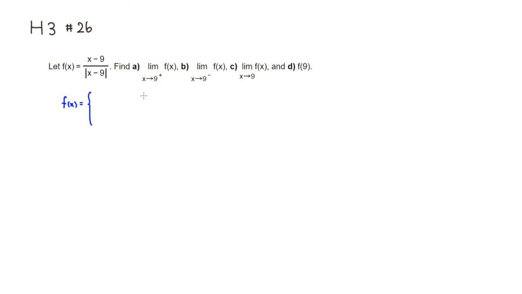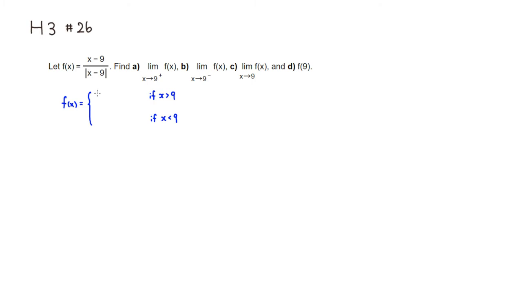So f of x is really two separate functions depending on the x value. The first case is if x is greater than 9, and the second case is if x is less than 9. When x is greater than 9, x minus 9 is positive, so the absolute value sign doesn't do anything, because the absolute value of a positive number is the same positive number.